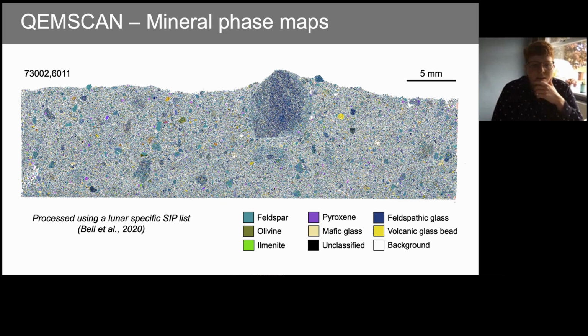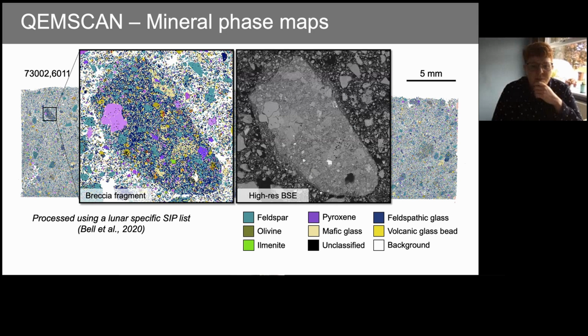So just to quickly zoom in and show you some of the detail at a scale you could probably see on your screens, we've got here on the left this breccia fragment in the QEMSCAN data, and then for comparison a high resolution, 1 micron per pixel backscatter image. As you can see, it's picking out a lot of the different types of minerals and clasts that are present in this, and some of the matrix as well.